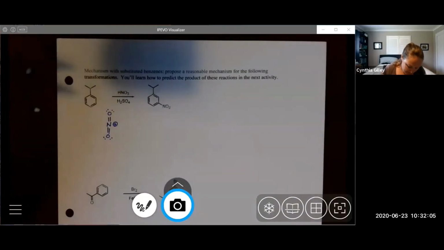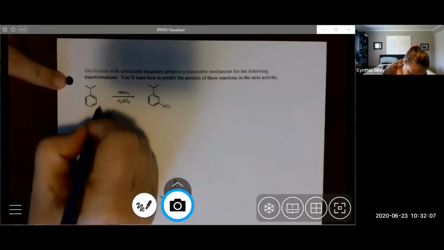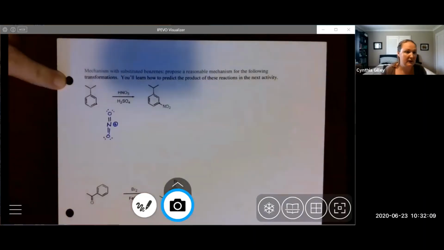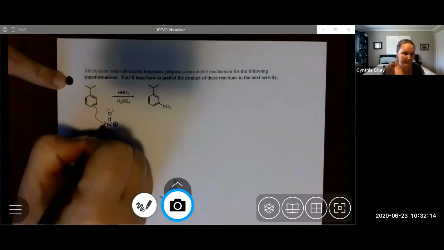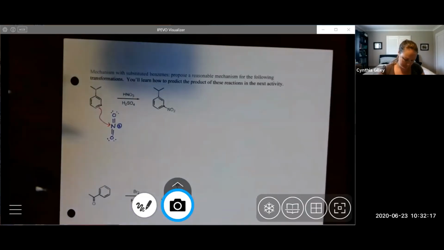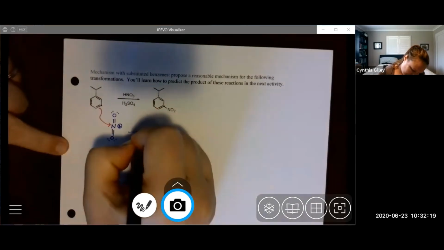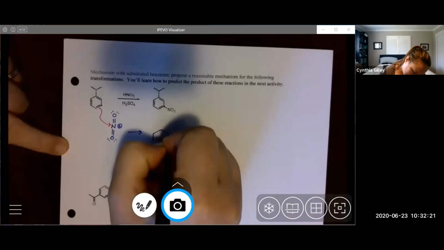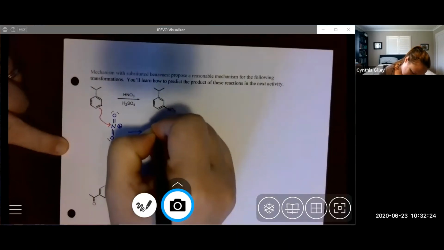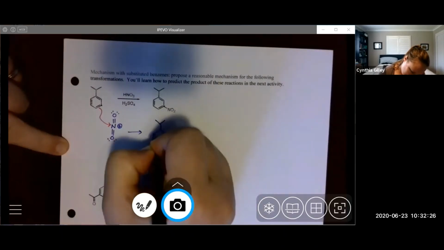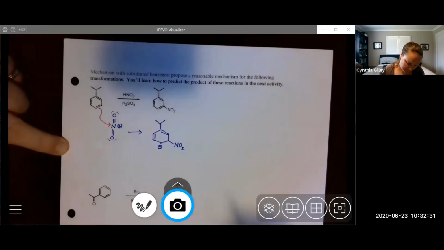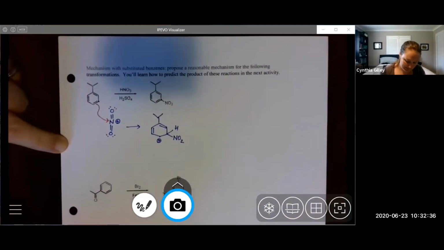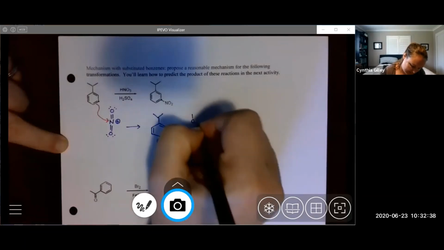So the best thing to do is figure out where is that carbon the nitro is going to go, where is the pi bond associated with that, and use that particular pi bond. So we're going to put the nitrogen here, positive here, and then show the proton transfer. Right, remember, this one has water in it, so we just draw water as the base.